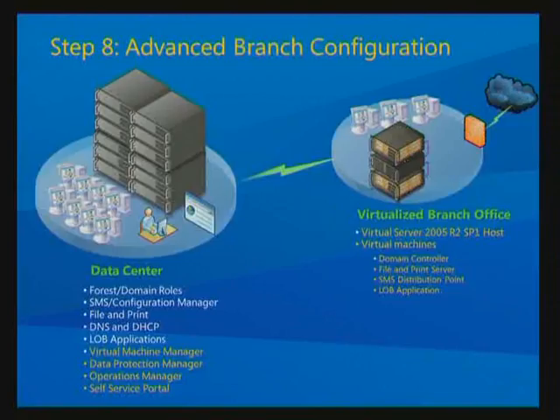I can actually change or upgrade that environment to what we call a host clustered environment. So I will actually deploy another host to that environment, and then I can cluster those two hosts together. This will give me high availability in that branch, so that the loss of a single host won't take the branch down.